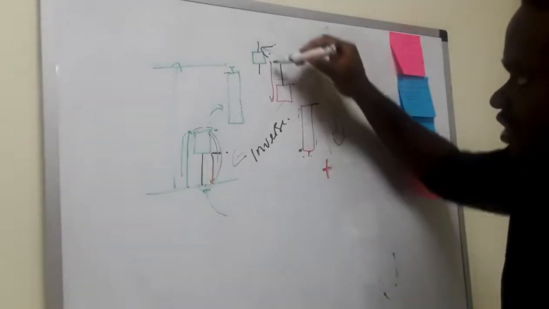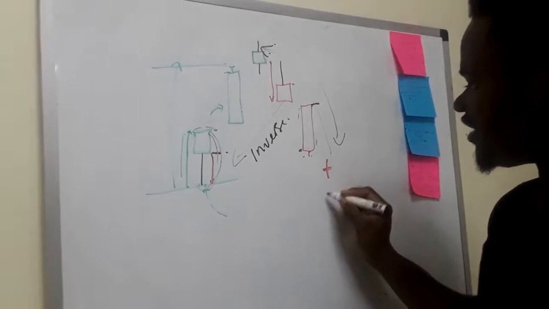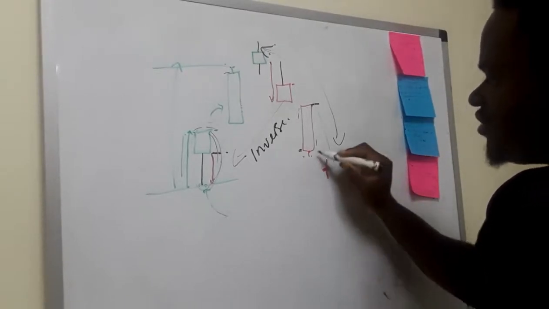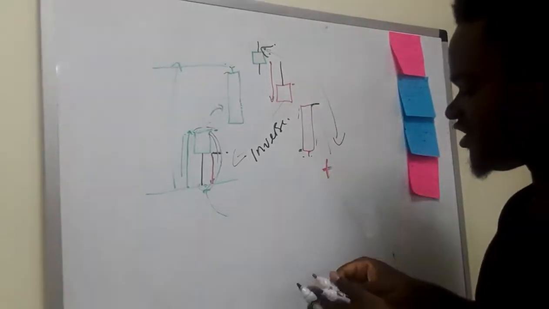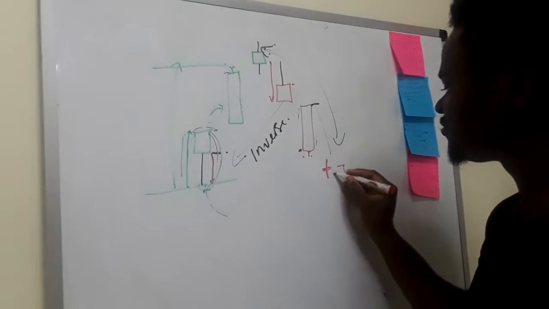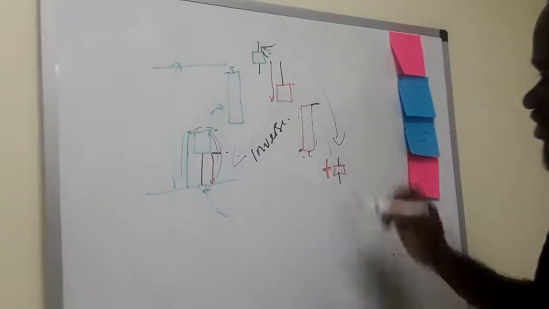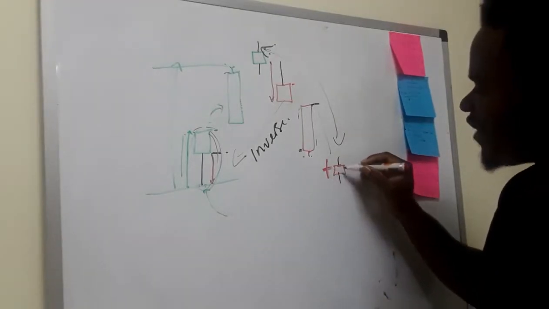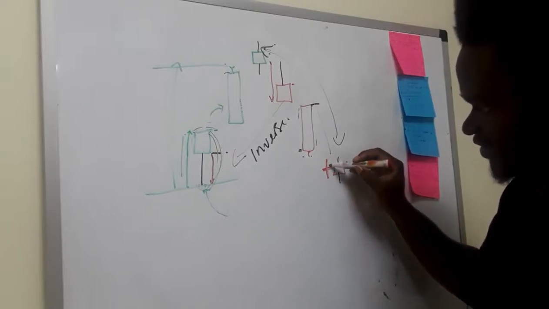And so this is not a spinning top. This is just a doji that is red, which means that the sellers are winning, but they are not as winning as in a spinning top. Because if this was a spinning top like this, it only continues to tell us that there is a likelihood of the price to continue going down more than in this.